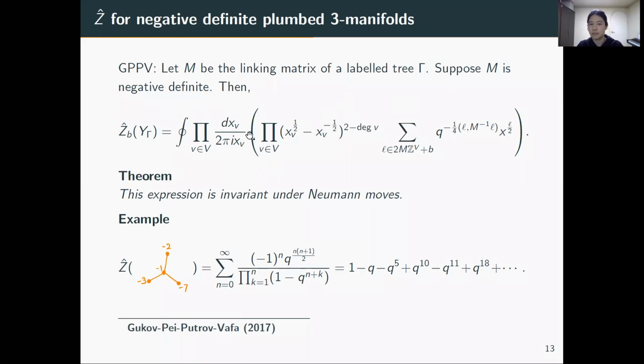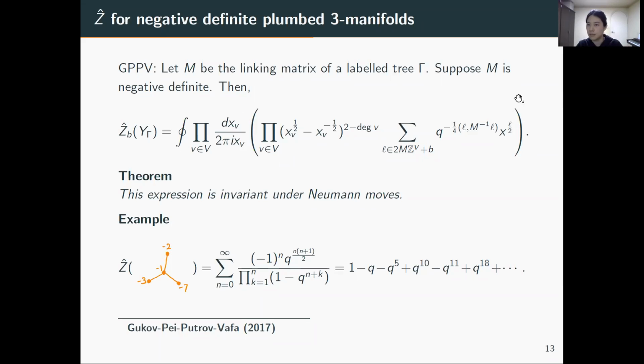For each vertex of the graph, there is a variable x sub v, and doing this contour integral simply means that we first expand whatever is inside this bracket as a power series in x, and then the contour integral just picks out the constant term of this expansion.